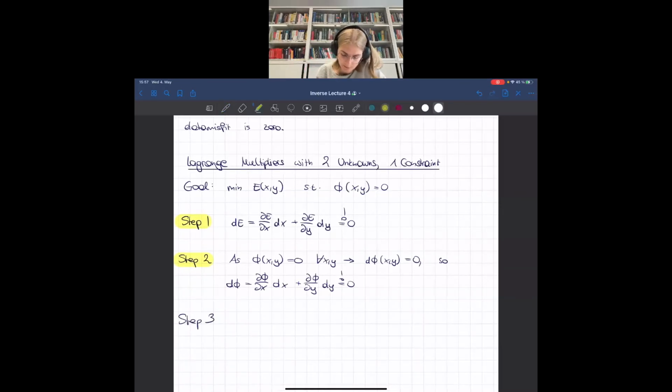So step 3 would be combining this stuff here. And we build a weighted sum with some arbitrary lambda. And lambda is arbitrary but constant.